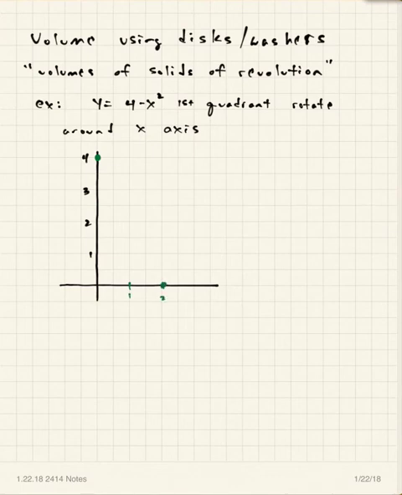And so we're talking about this region like this. What we're going to do is rotate that region around the x-axis. This is the region we're talking about right here. I'm going to shade it, and then we're going to take that region and rotate it around the x-axis to generate a solid.